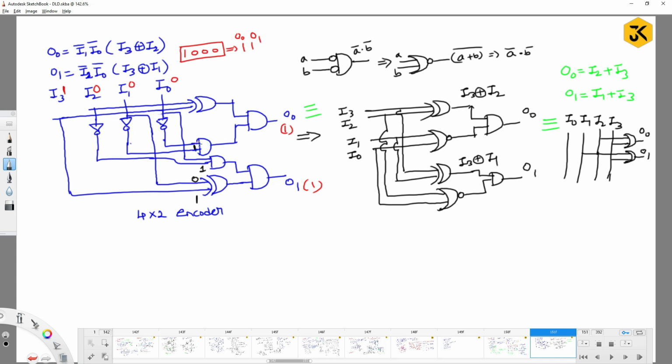Here the input is the complement of I0, that is 1. 1 and 1 is 1. This 0 and 0 XOR with 1 is 1. What about the other value of this one? I0 is as usual, that is 0. 1 and 0 is 0. 0 and 1 is 0. So it means that the constructed circuit is somewhere wrong.